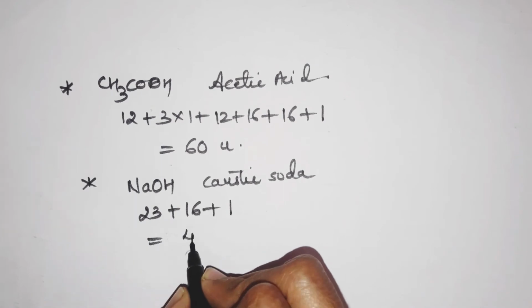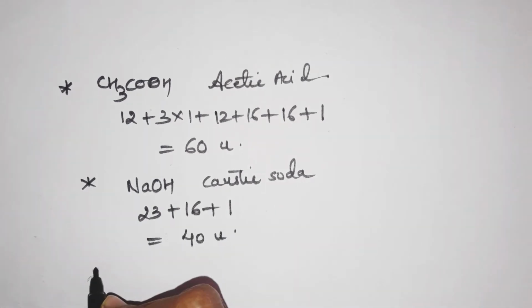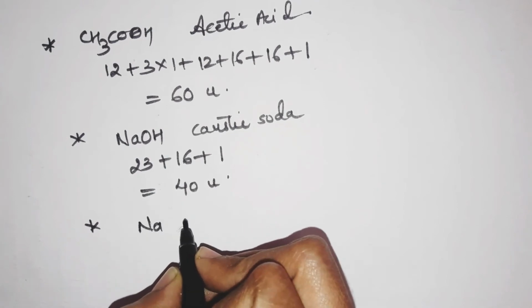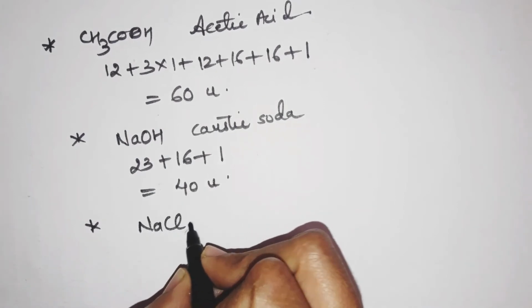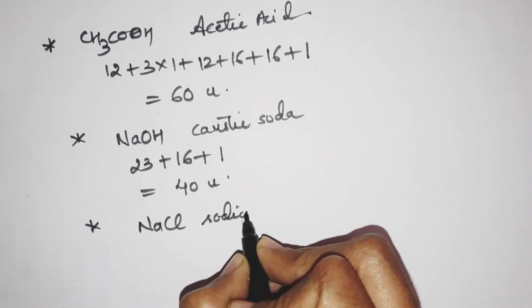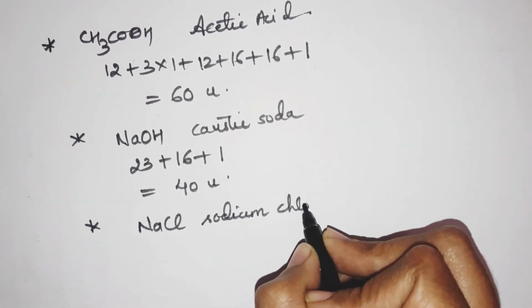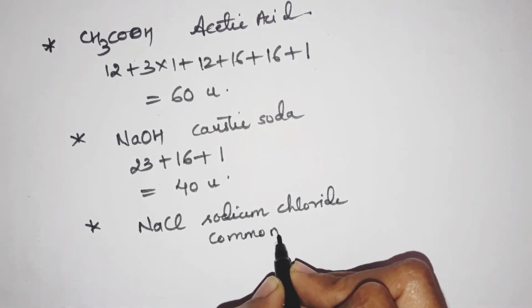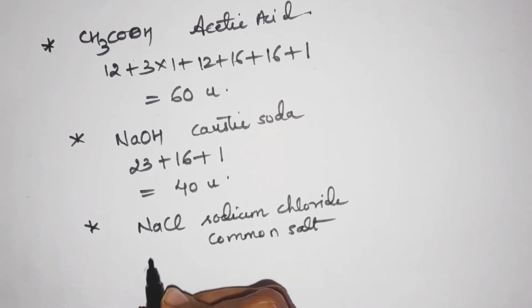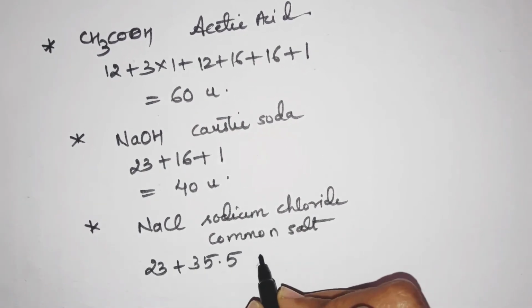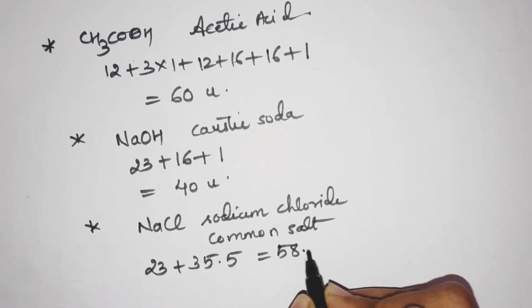This is equal to 40 U. Another compound is sodium chloride, NaCl, also known as common salt. 23 plus 35.5. This is equal to 58.5 U.